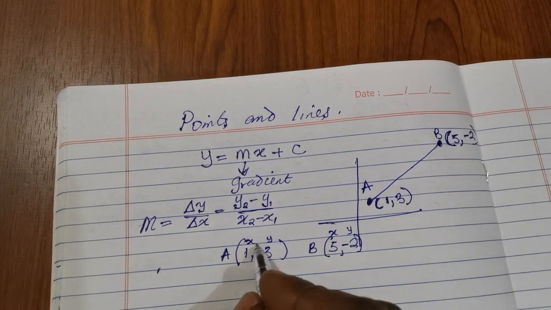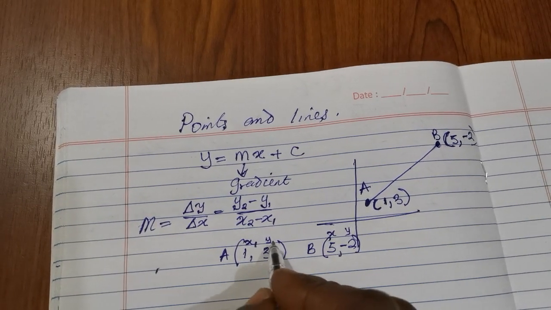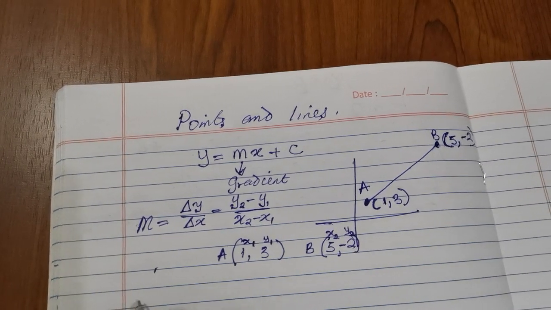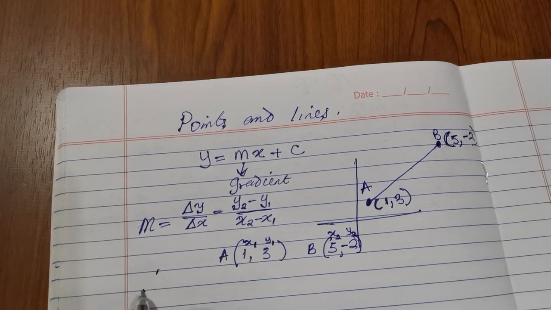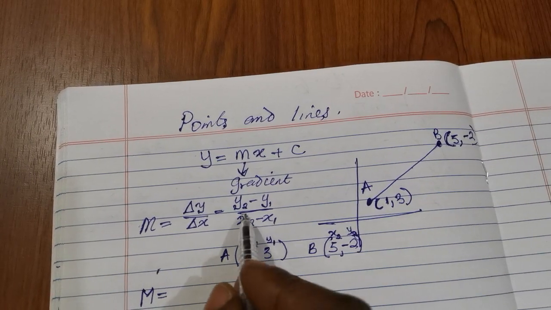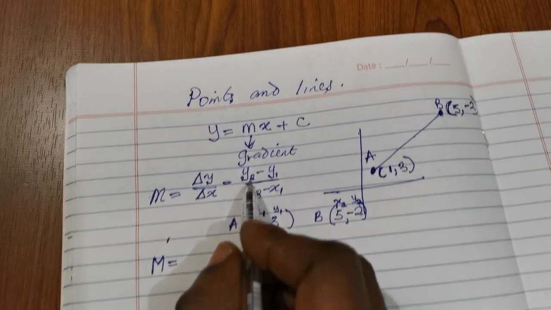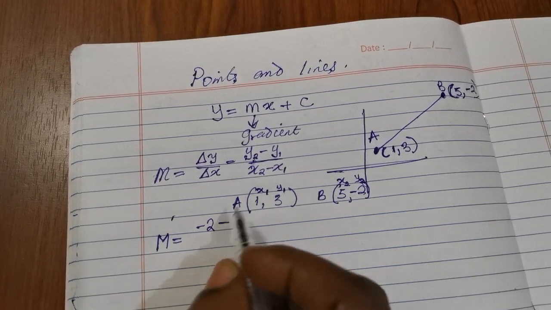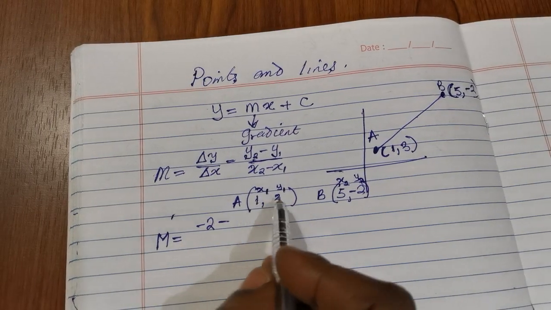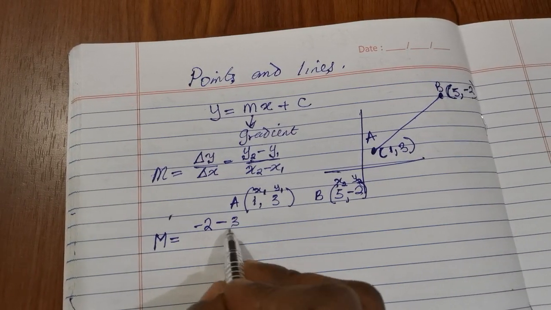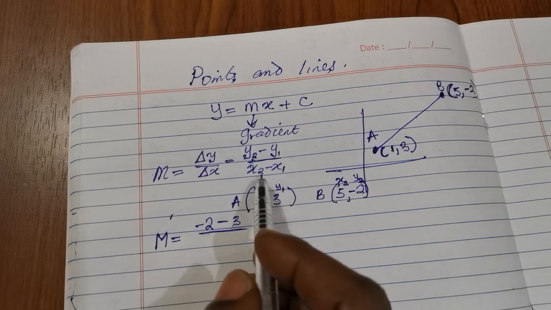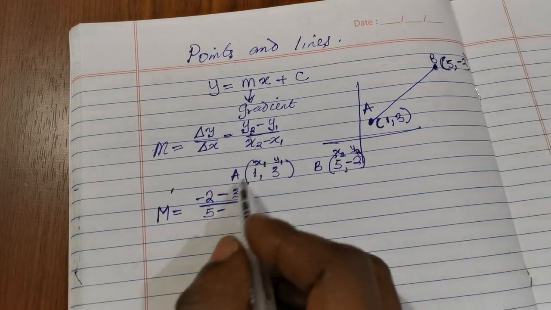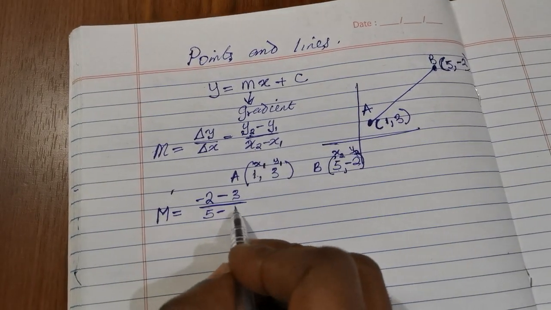We can choose to name anyone the first or the second. It depends on the individual. So if I see this to be the 1, that means this will be the 1, and this will be the 2. Then the equation of a gradient m, which is y2, is minus 2, minus y1 is 3, all divided by x2 is 5 minus x1 is 1.